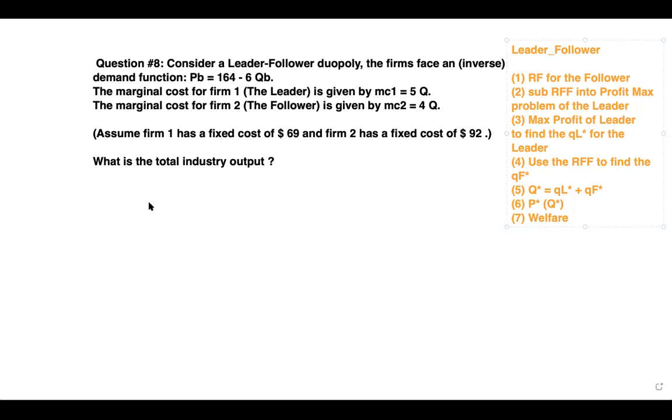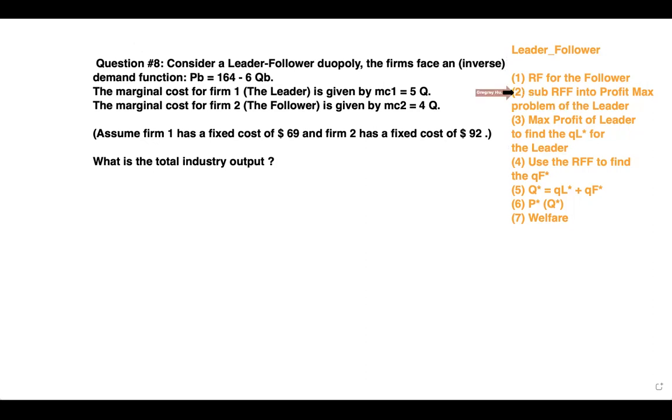But really, the way that that's showing up in our mathematics for solving this problem is that notice that we're taking the reaction function of the follower and we're substituting it into the profit maximization problem of the leader, right?